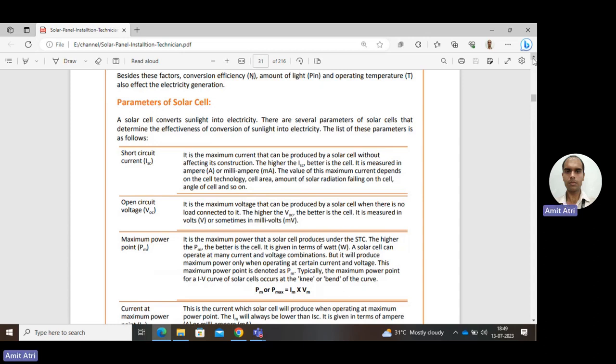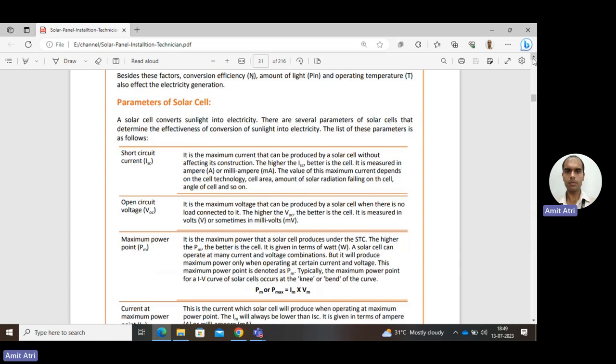The unit is ampere or milliampere. The value of this maximum current depends on the cell technology, cell area, amount of solar radiation falling on the cell, and angle of the cell. So all the factors which we have seen above affect the short circuit current.